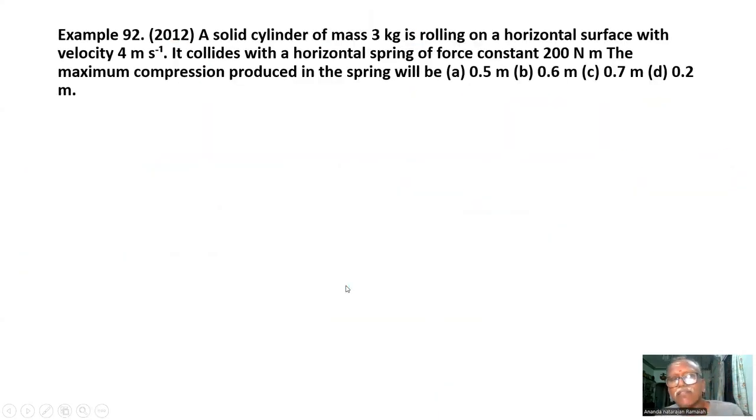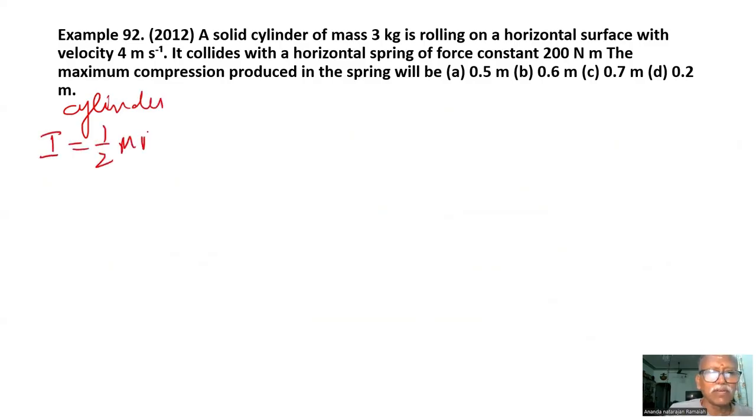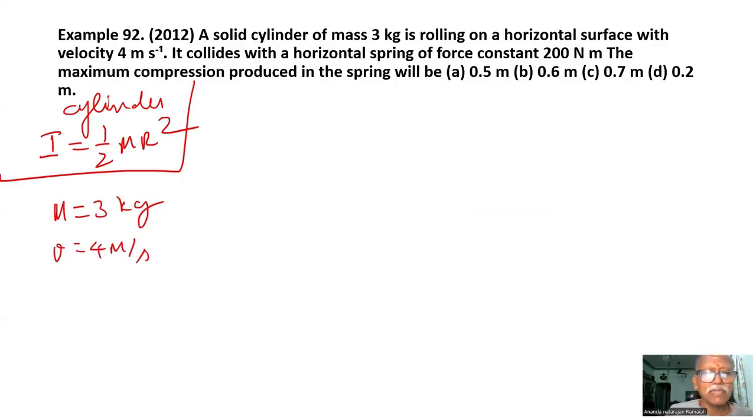A solid cylinder of mass 3 kg. So for a cylinder, I equal to 1 by 2 m r square. Mass m equal to 3 kg, rolling on a horizontal surface with velocity v equal to 4 meter per second.